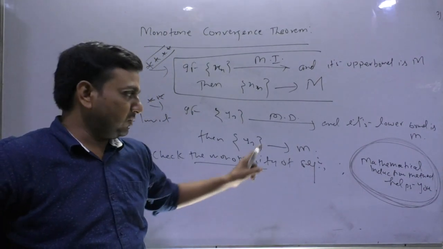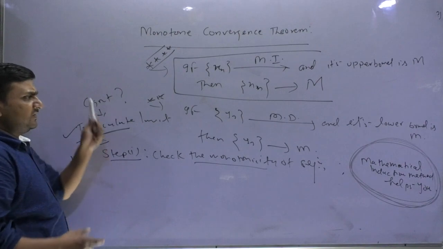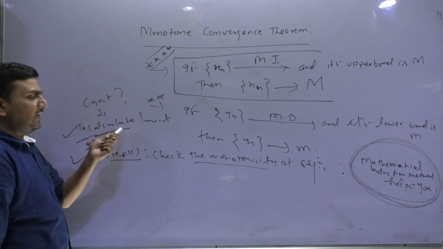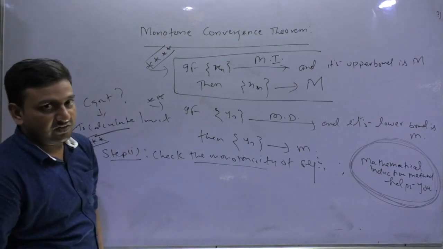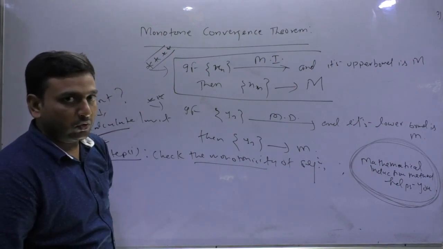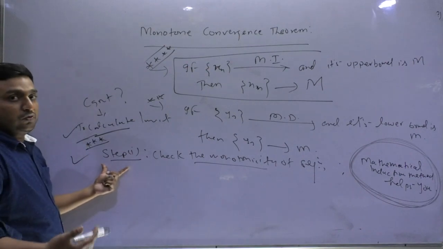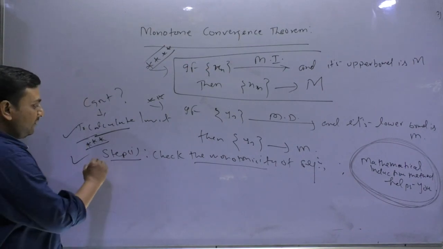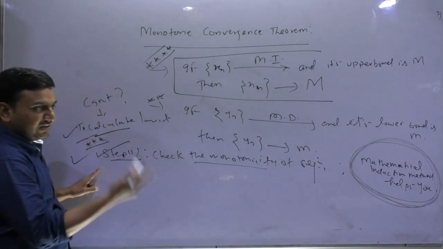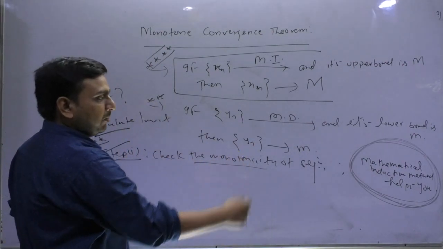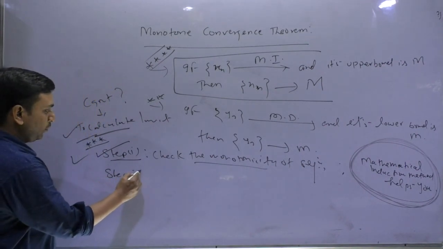Am I clear? With one example, I'll do that. So when I want to check the convergence, I may follow the calculating limit part or I may follow the monotone convergence part. To use the monotone convergence theorem, I will have to follow step 1 and check the monotonicity. For checking the monotonicity, I will take help of mathematical induction. Step 2.